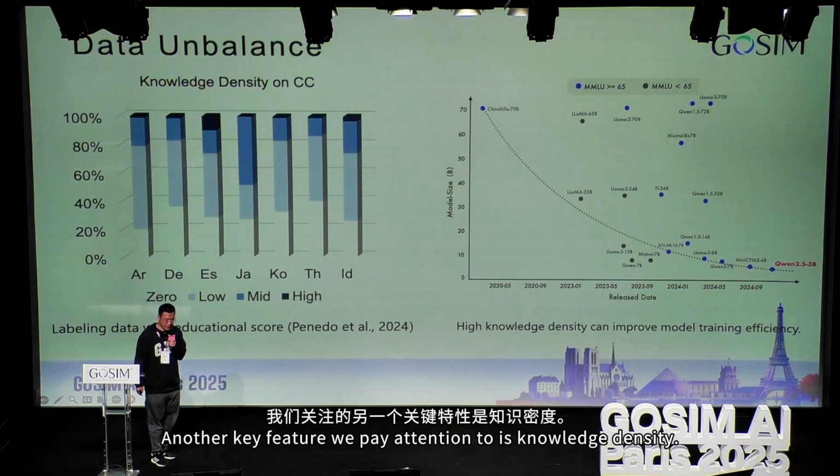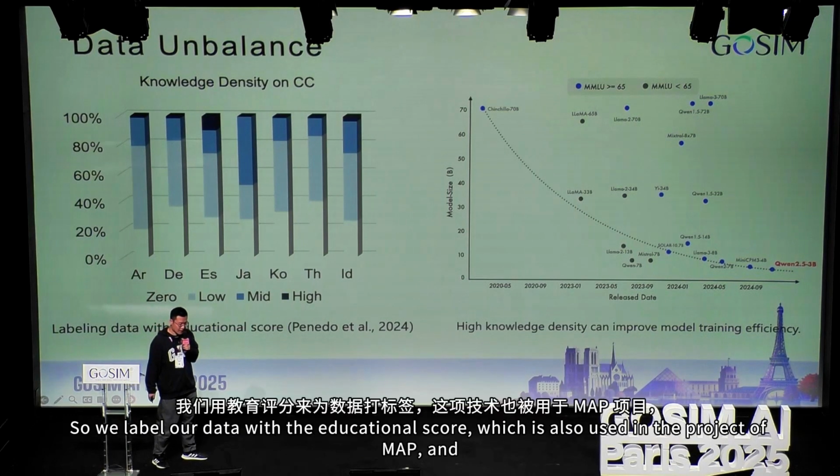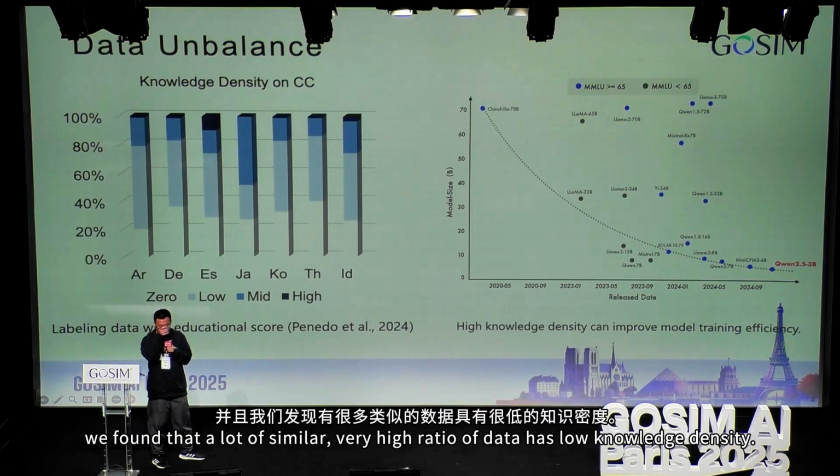Another key feature we pay attention to is knowledge density. High knowledge density is very important for improving model training efficiency. We labeled our data with the educational score, which is also used in the FineWeb-Edu project, and we found that a very high ratio of data has low knowledge density.